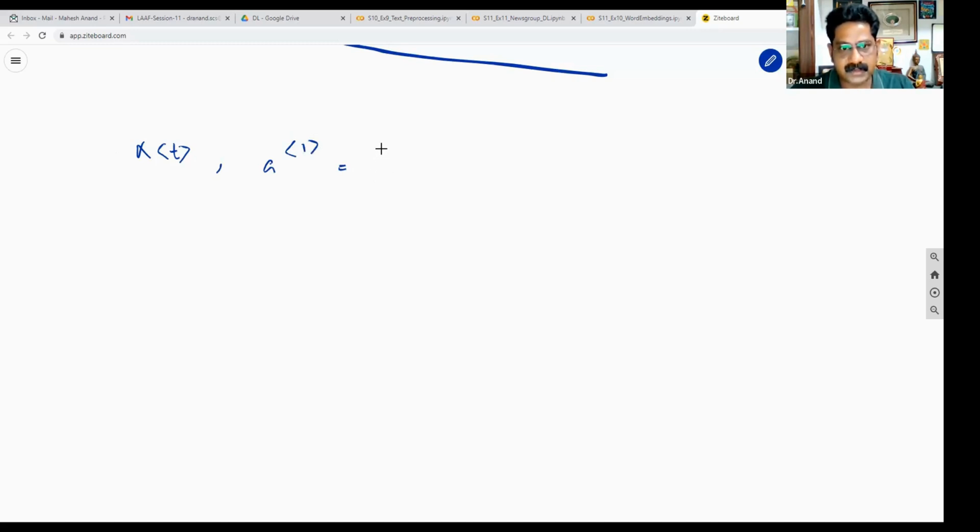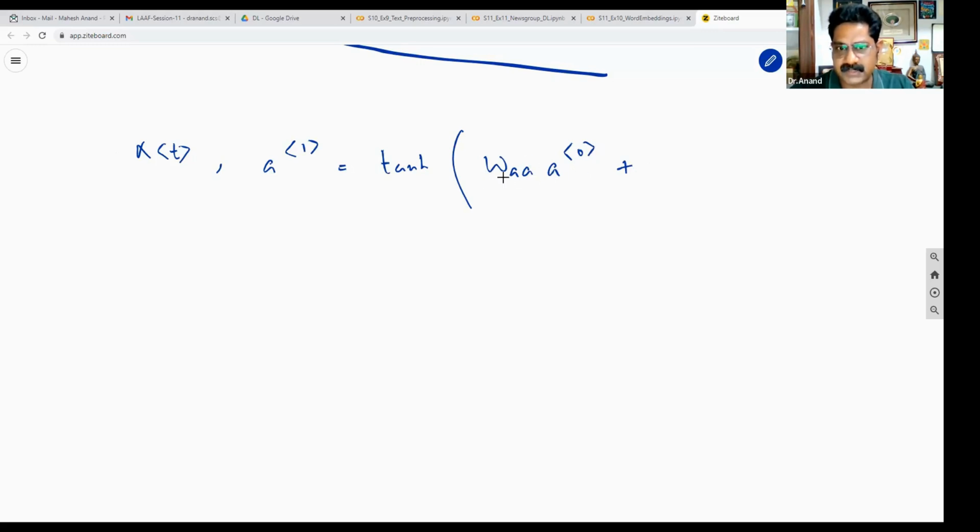How do we represent it? tanh of WAA times the previous state, this is my feedback, my past state memory. This is the feedback weight.